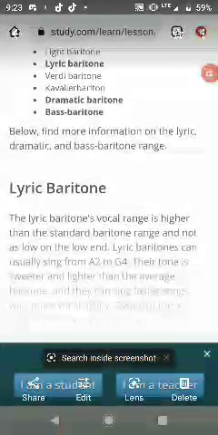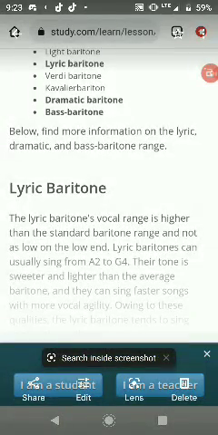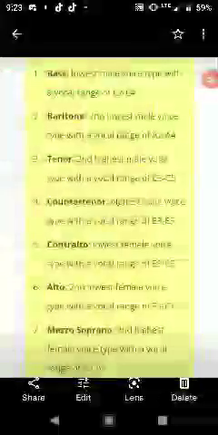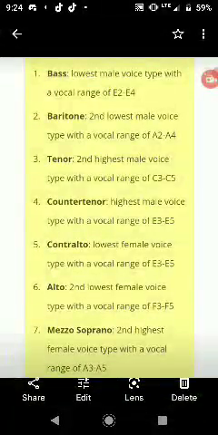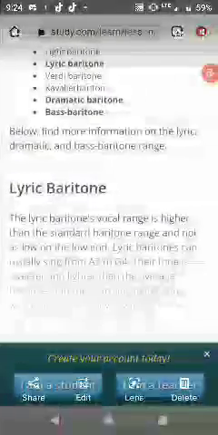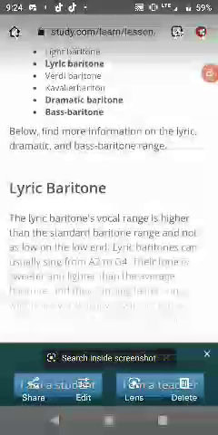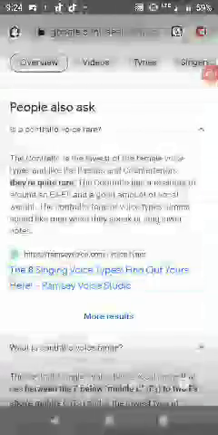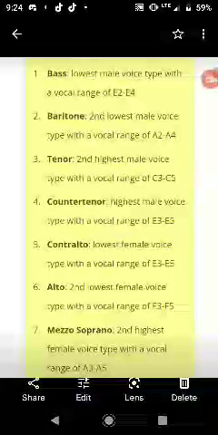Now, another thing I wanted to point out was the baritone. See, another site. I wanted to show another shot, of A2 through G4 for baritone. This one says A2 through A4 for baritone.